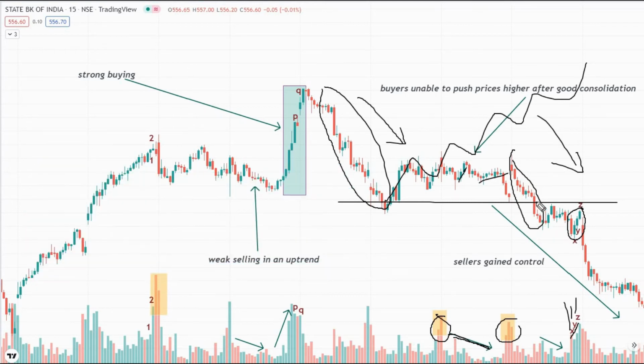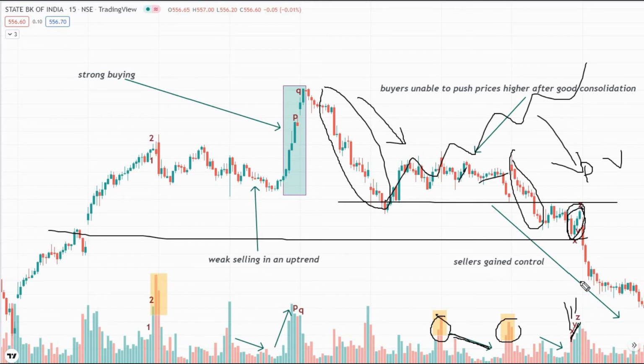Now what has happened? Buyers tried their level best to push the prices towards the upside from these levels, but there is again a price and volume divergence happening here. Volumes have increased, but the spreads have become smaller, or have remained the same. So in both cases there is a divergence in the price and the volume.